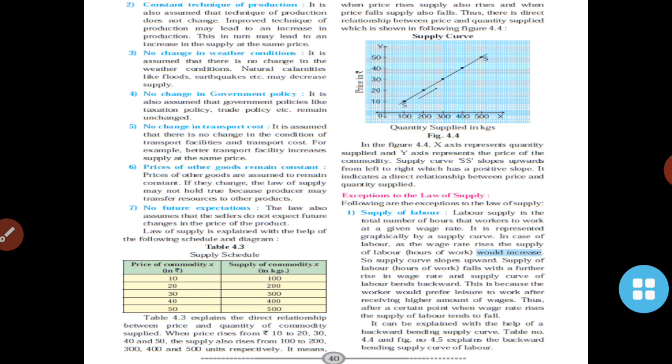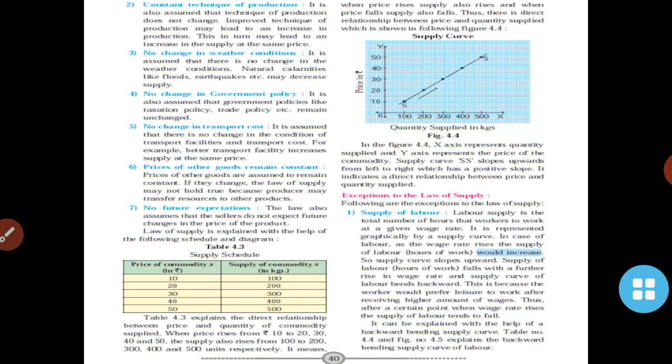Now, no change in the weather condition. It is assumed that there is no change in the weather condition. Natural calamities like floods, earthquakes, etc. may decrease supply. Sometimes we have seen in Kerala the flood had come, and the earthquake has come in China.